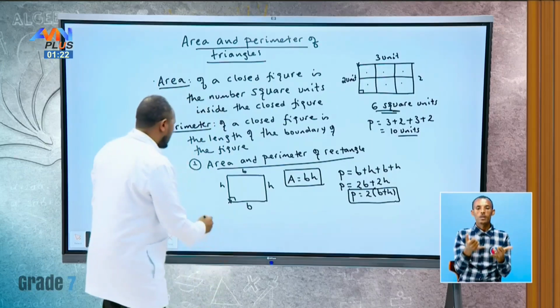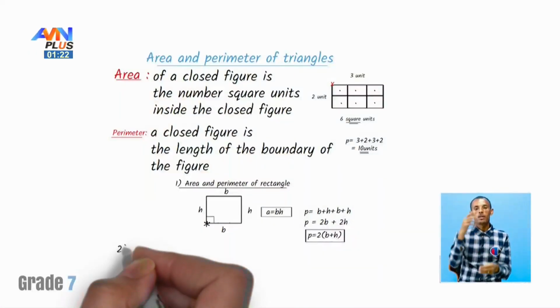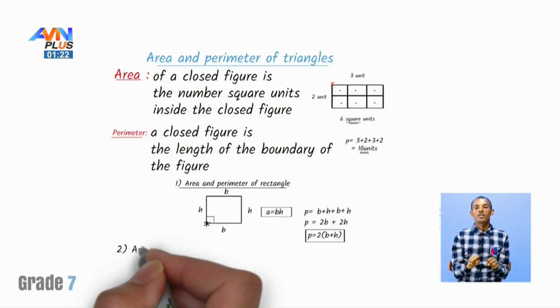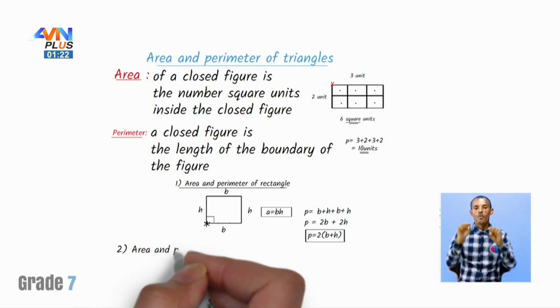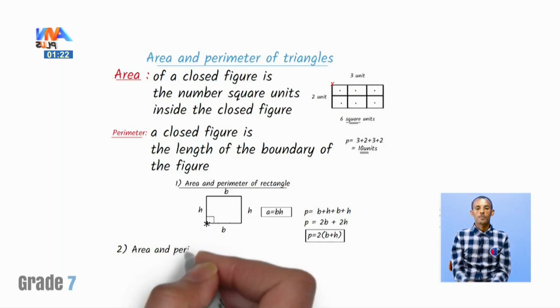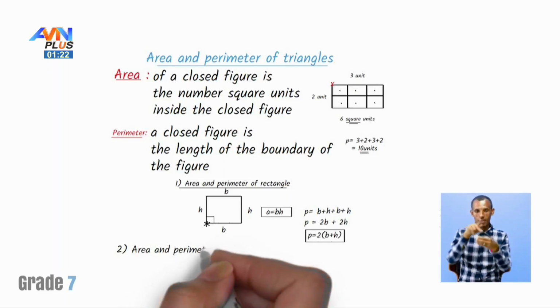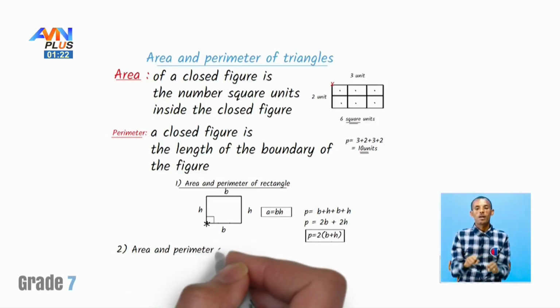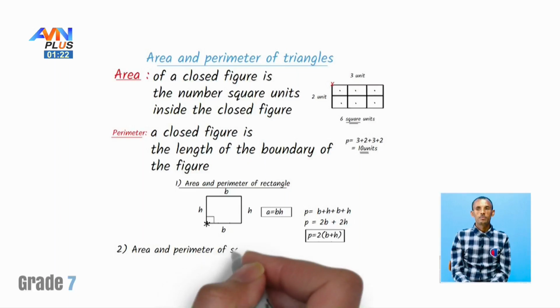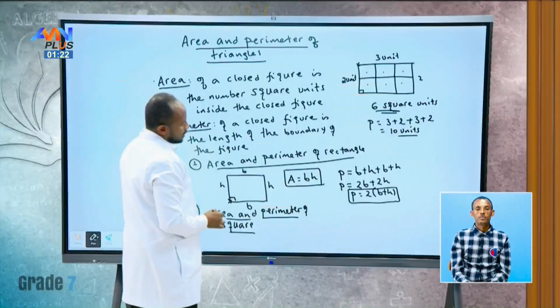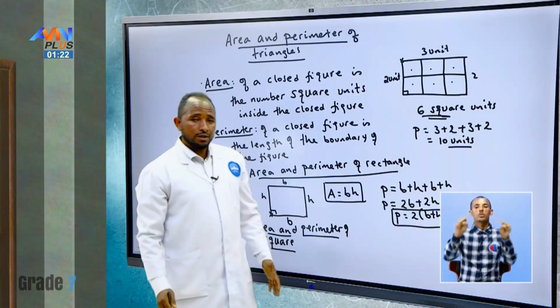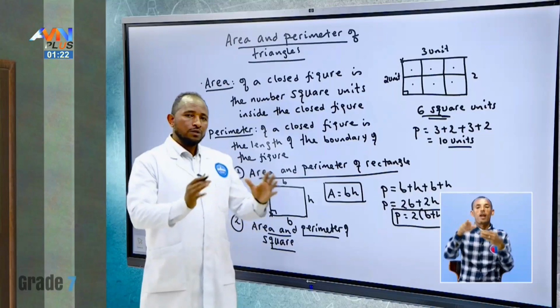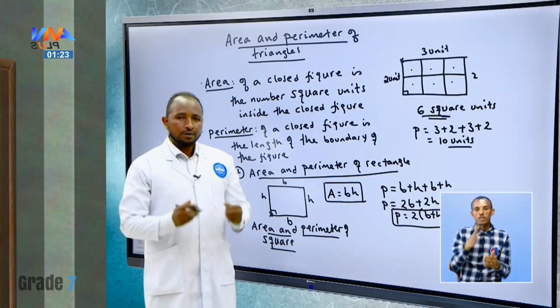Now, how about square? Area and perimeter of square. I think you know what a square is. A square is a rectangle in which all of its sides are congruent.